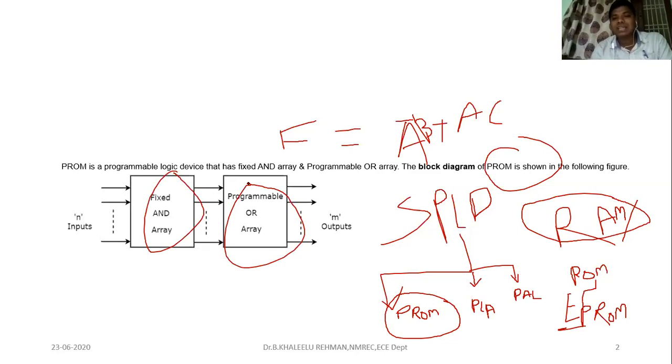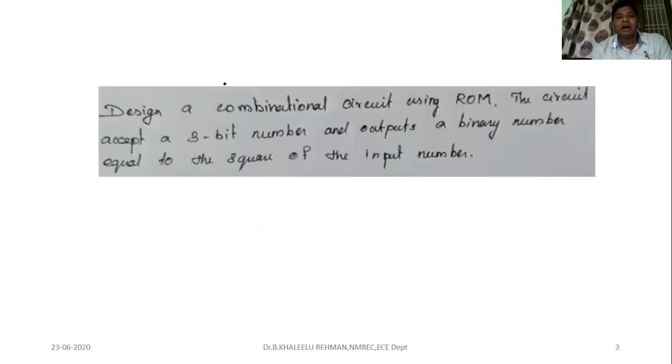Now let us discuss an example of a PROM, the first part of an SPLD. We have to design a combinational logic circuit that accepts a 3-bit number. Our input is a 3-bit number and the output is the square of that 3-bit number. PROM and ROM are both the same. For the input, we will have the decoder.